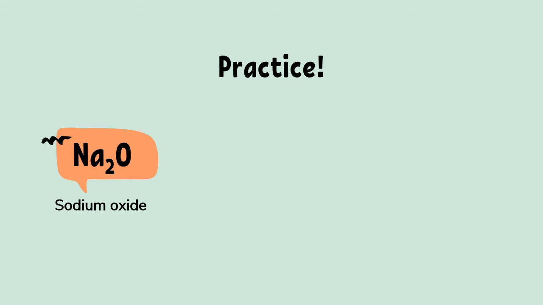Always remember that we don't make changes to the first element, we only make changes to the second element, which is supposedly oxygen, but it changes into oxide. We just add the IDE suffix at the end of the word. So instead of oxygen, we make it oxide. So it is sodium oxide.